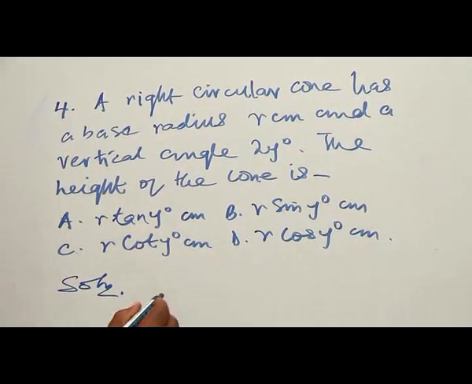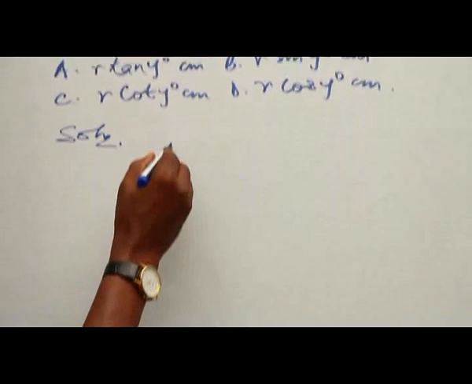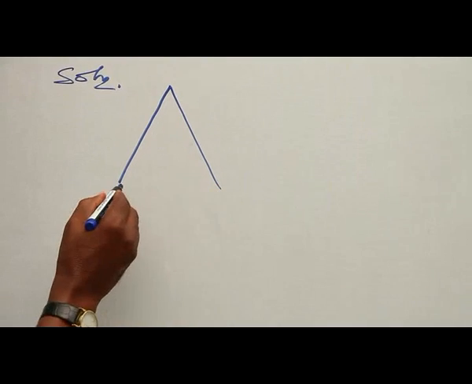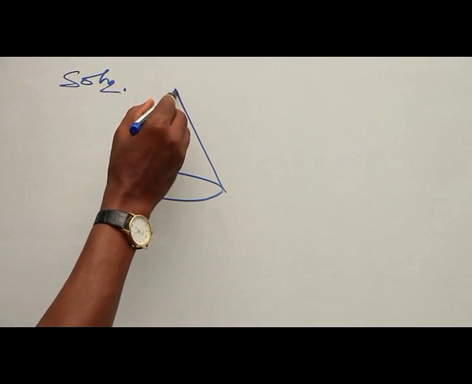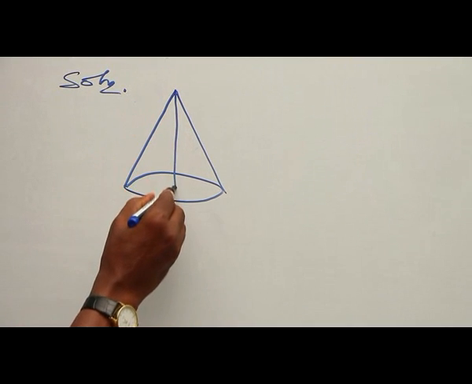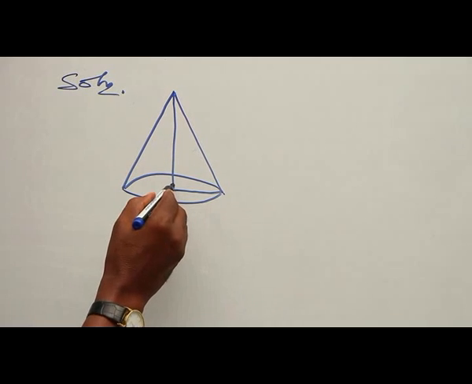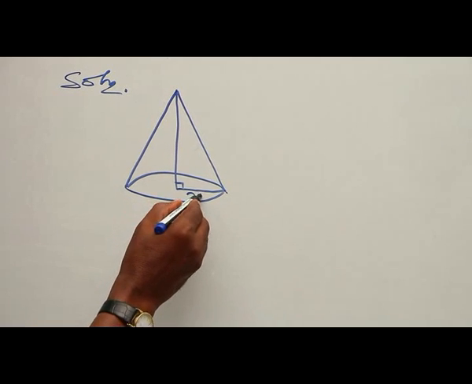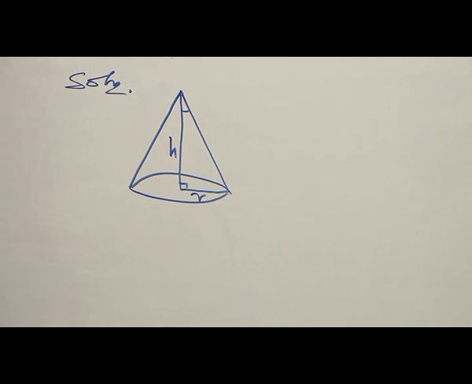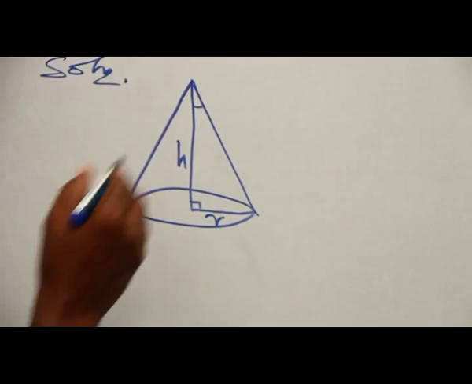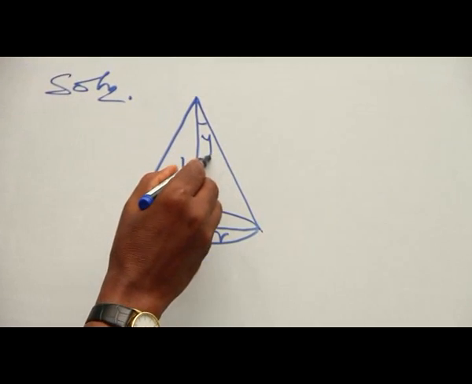Now let's take a look at it. It's a right circular cone. Let me sketch a cone. And this is the vertical height, and this is the radius, and the perpendicular. Then we have that the vertical angle is 2y, so each of the angles will be y.